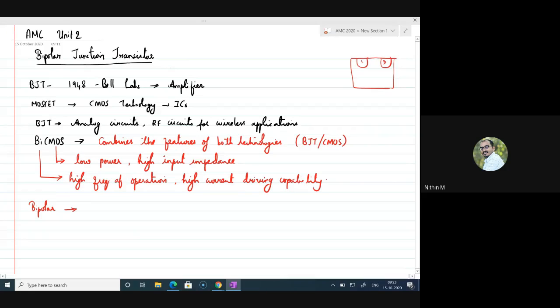That means the terminals, emitter and collector, of a BJT cannot be interchanged because BJT is not a symmetrical device. We will see that, but the reason why we call it bipolar is that current conduction in a BJT is because of both charge carriers.